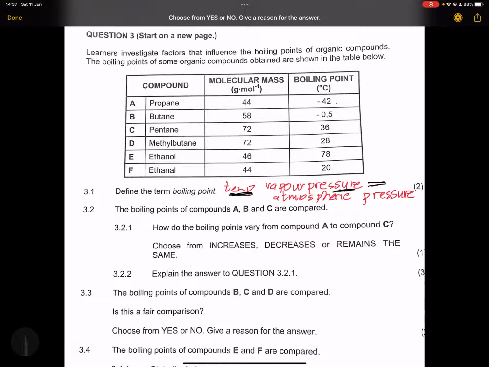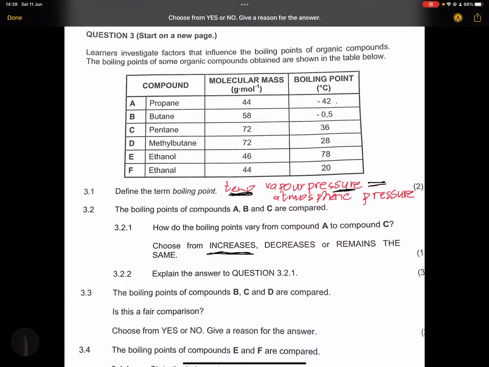So the question is, how do the boiling points vary from compound A to C? Of course, there's only one option. They increase. We see that the boiling point increases. Then they say to explain the answer to question 3.2.1.